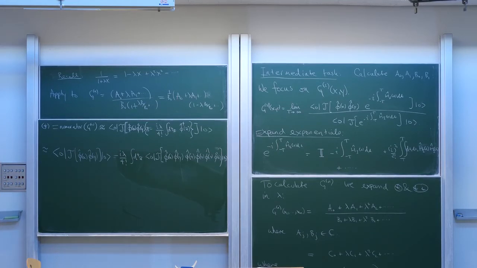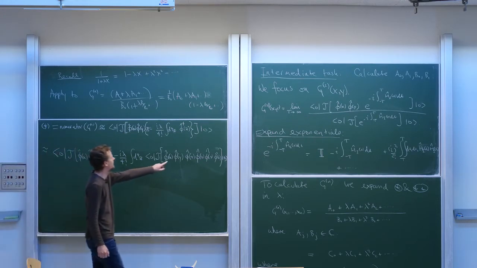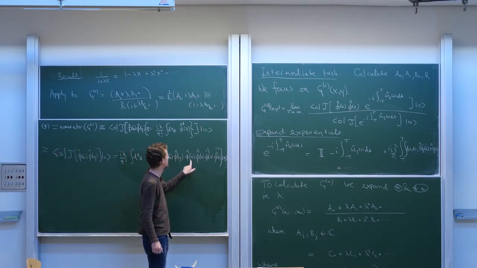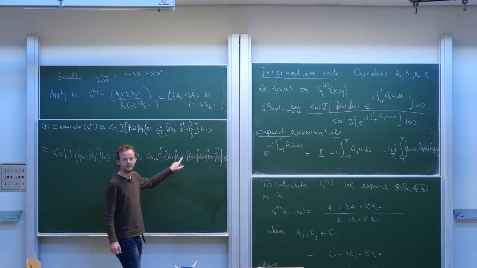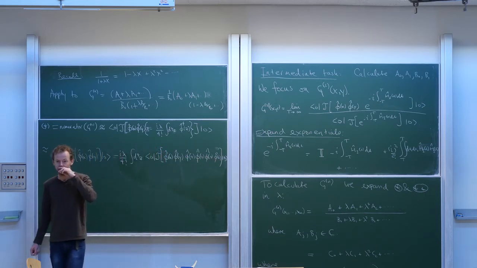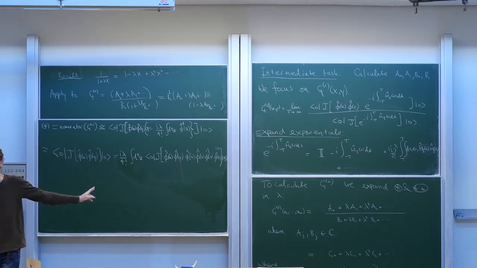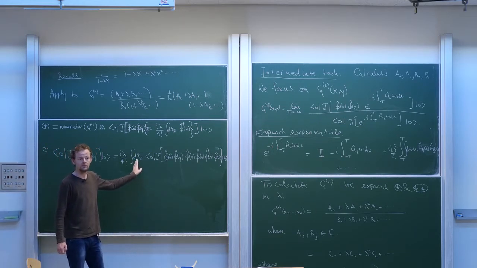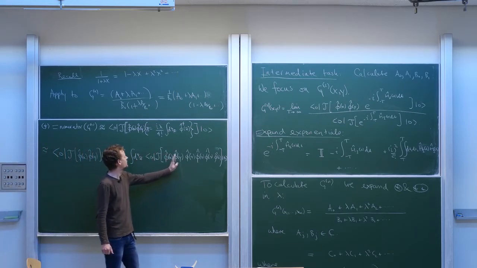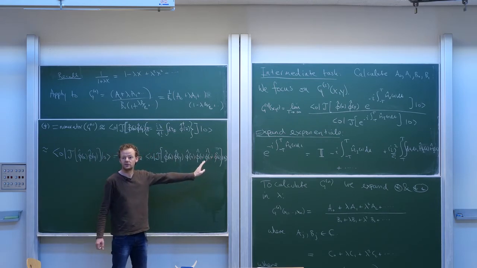So why on earth did I write out lambda 5z to the power 4 as 5z times 5z times 5z times 5z? Seems like an odd thing to do. Well, the answer is we want to deploy Wick's theorem to calculate this object here. And Wick's theorem tells us that the time-ordered product of n quantum fields in the interaction picture is equal to the normal ordered product plus all contractions.